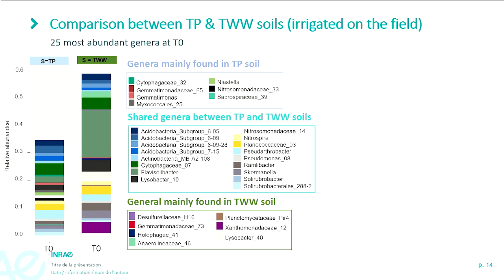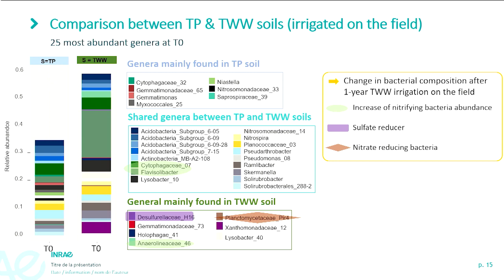Some were observed in both soils, and some others were mainly found in treated wastewater soil. And globally, the main change concerned the nitrifying bacteria abundance that were increased in the treated wastewater soil. So in green here, the proportion was globally higher. There were also some sulfate reducer, nitrate reducing bacteria in treated wastewater soil.